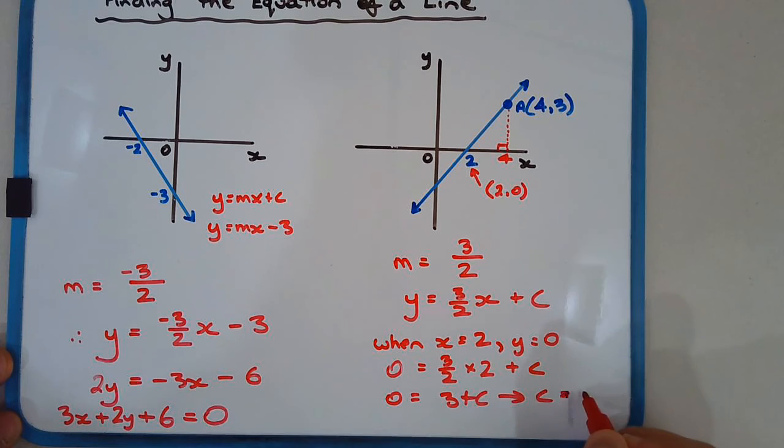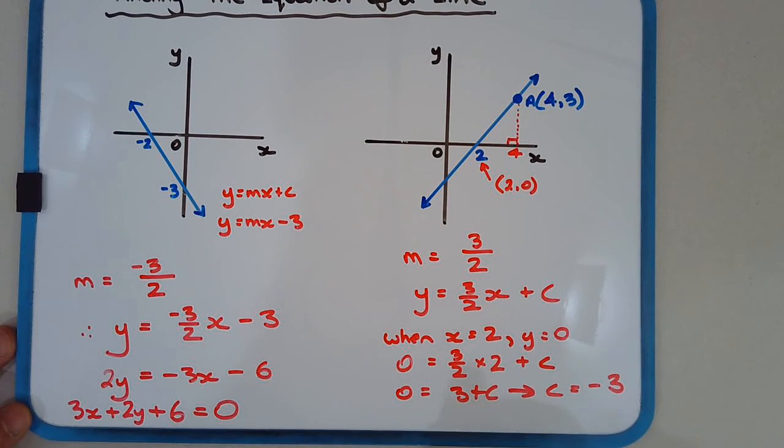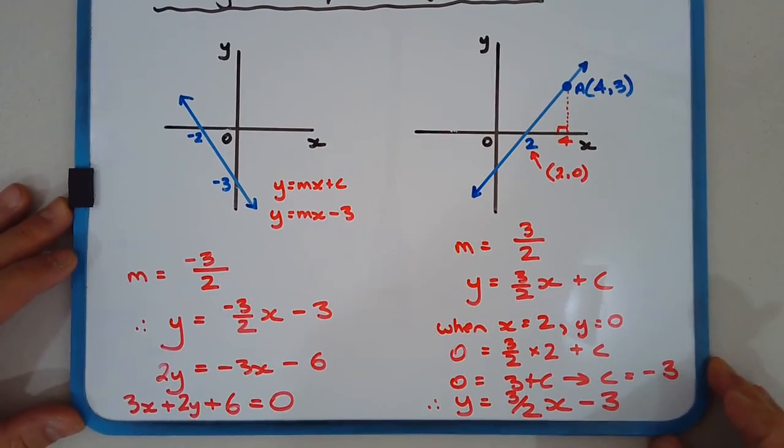Therefore, c is equal to -3. Happens to equal the same y-intercept as the first example. So that's just purely coincidence. So therefore, the equation is y is equal to 3 over 2 x minus 3. And that's how we find the equation of a line.